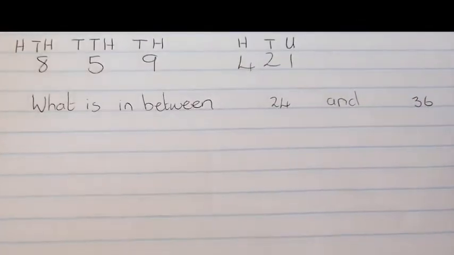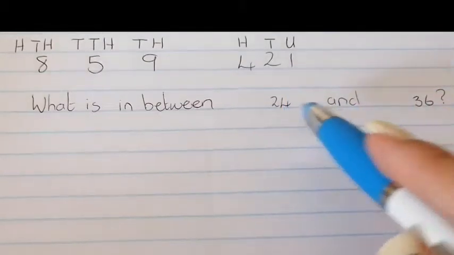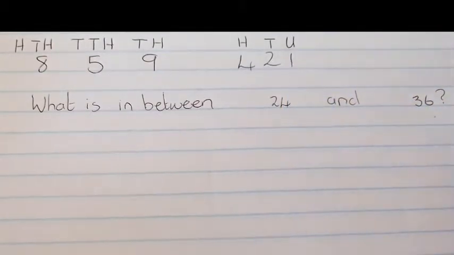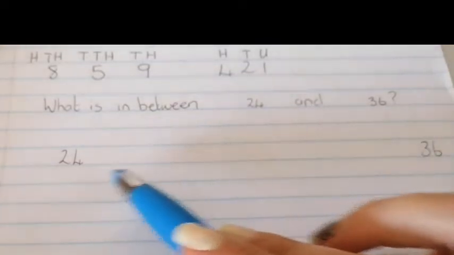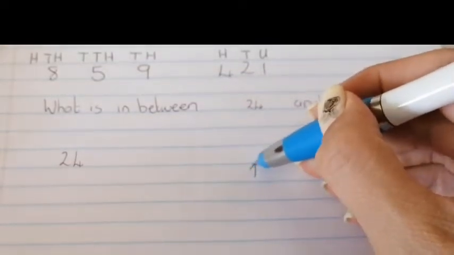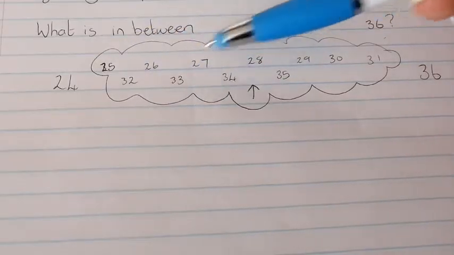Okay, first let's have a look at the question, what is in between 24 and 36? If you get a question like this, they mean what whole number is exactly in the middle of these two numbers. So let's just draw a picture for ourselves to make it more clear.